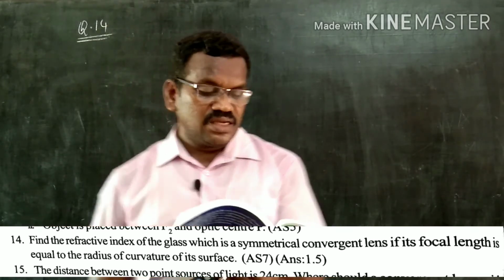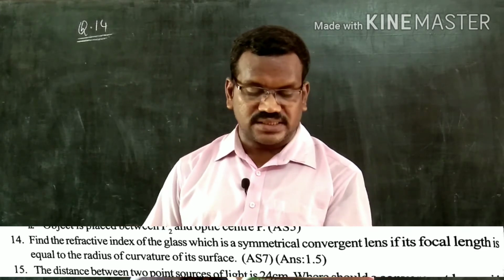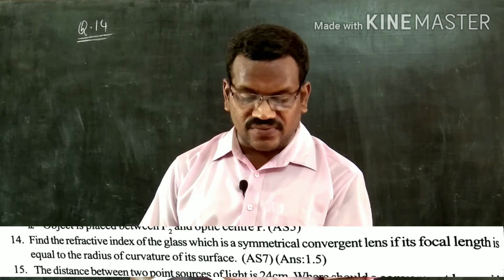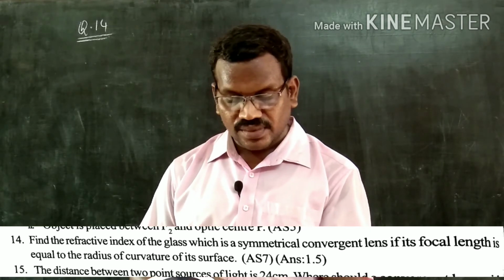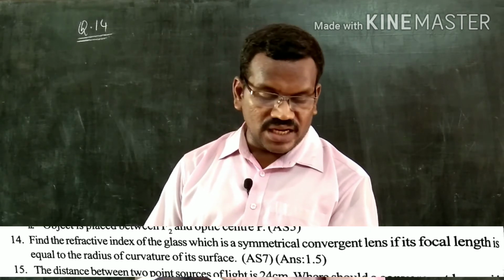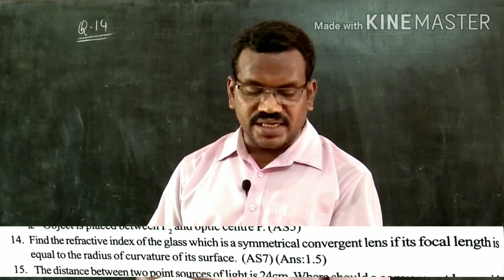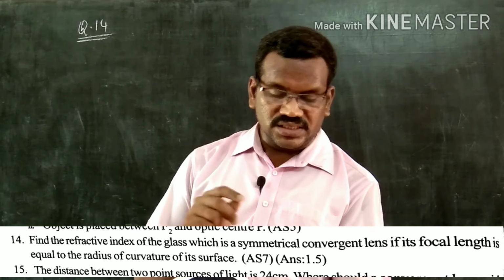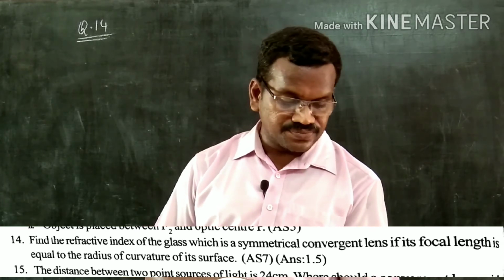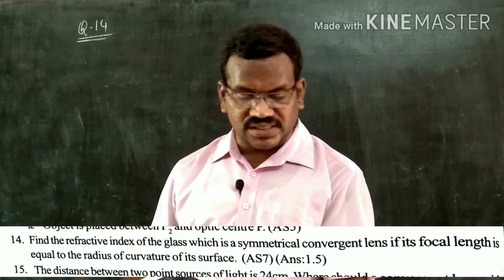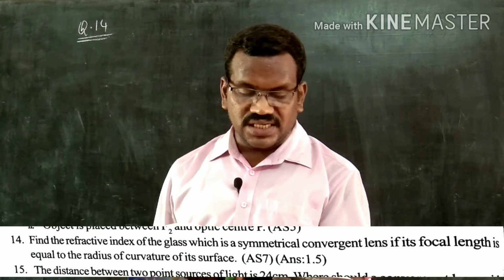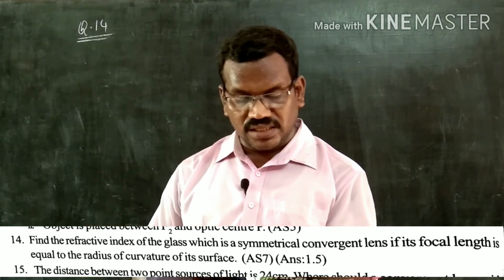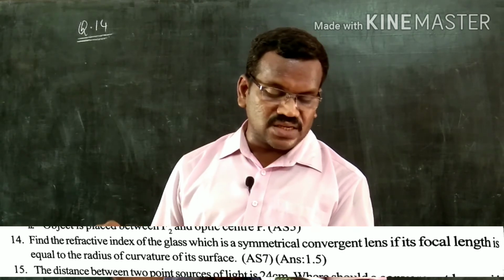Find the refractive index of glass, which is a symmetrical converging lens, if its focal length is equal to the radius of curvature of its surface. This is the given question.